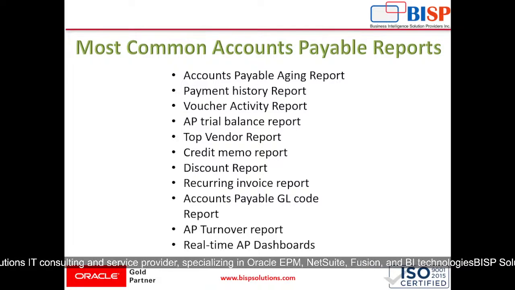Second is the payment history report. The payment history report captures all expenditure during a specific accounting period, typically grouped by expense category or sometimes by vendor. Depending on how the report is structured, it either provides a summary view of spending by category or a detailed list of every payment.